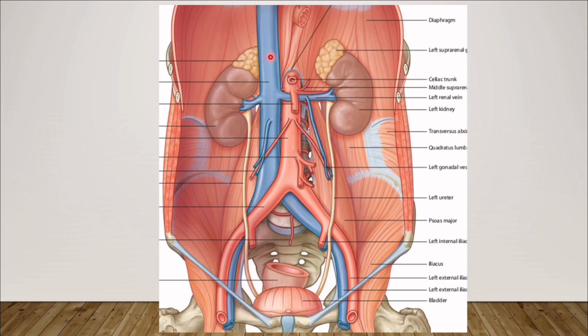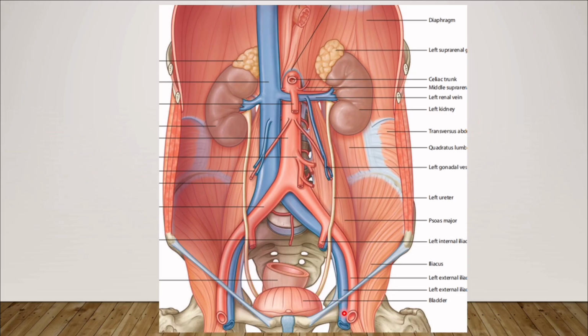Then again we have the inferior vena cava. Okay. Inferior vena cava at the level of L5, it will divide into two. Okay. Divide into common iliac veins. Then again, now at the sacroiliac joint, the common iliac veins, they divide into two, external and internal.